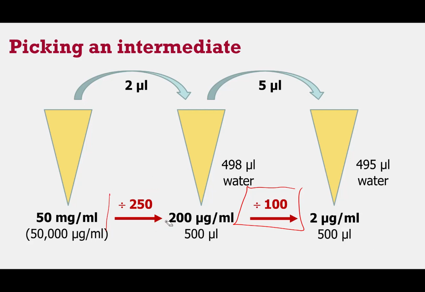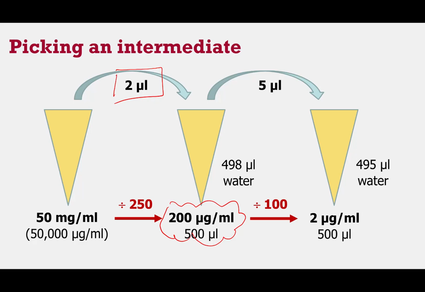Okay, so we've got to the fact that this is the intermediate that we need, our 200 micrograms per mil, and I'm suggesting to make 500 microliters of that. And the reason I'm suggesting that is, remember that our absolute limitation is 0.1 microliters, and to play comfortably I'm going to pick 2 microliters.